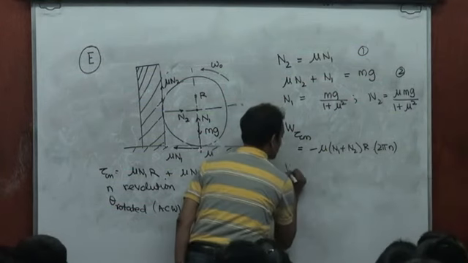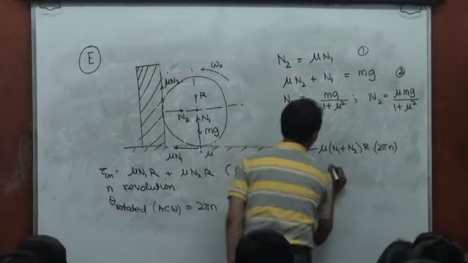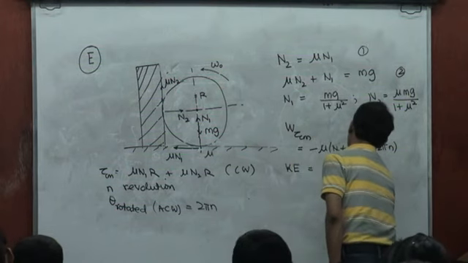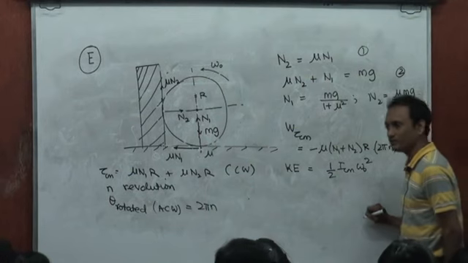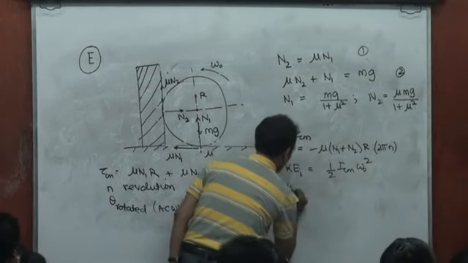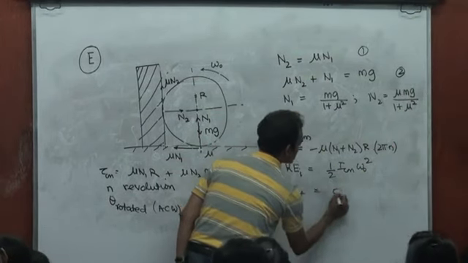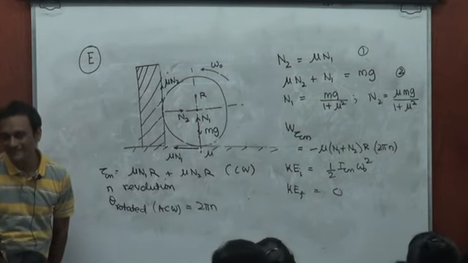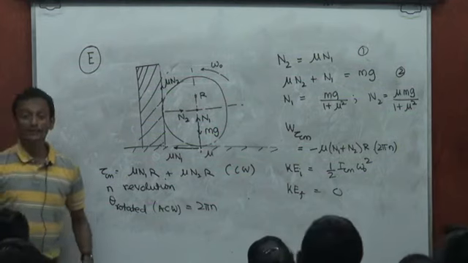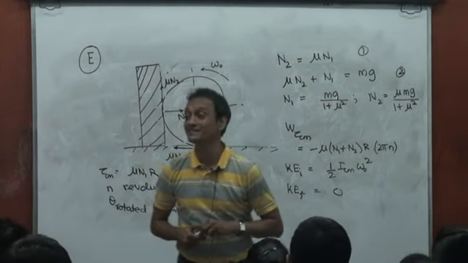What's the initial kinetic energy of the spinning body? Half I_CM omega naught squared. That's the initial kinetic energy. What's the final kinetic energy? Zero, because it's coming to rest. Apply the work energy theorem.